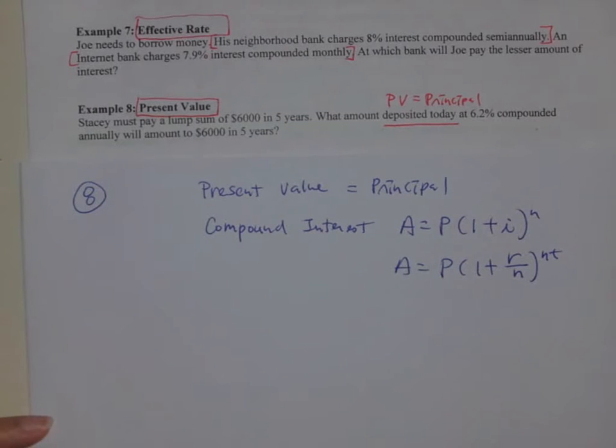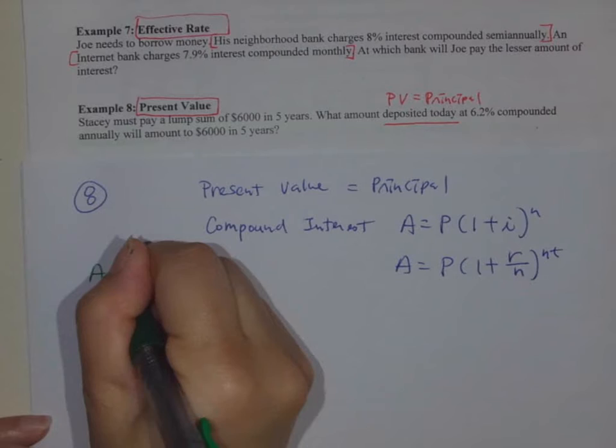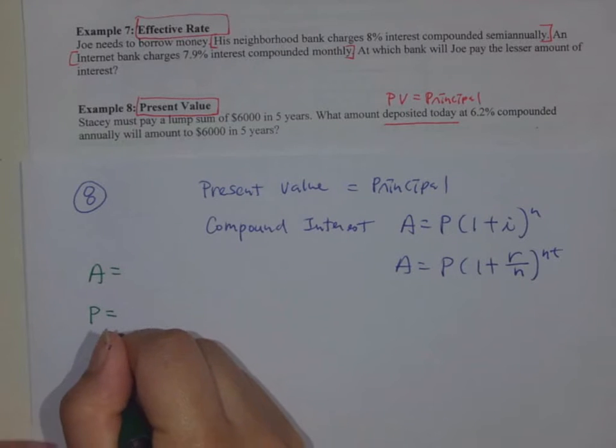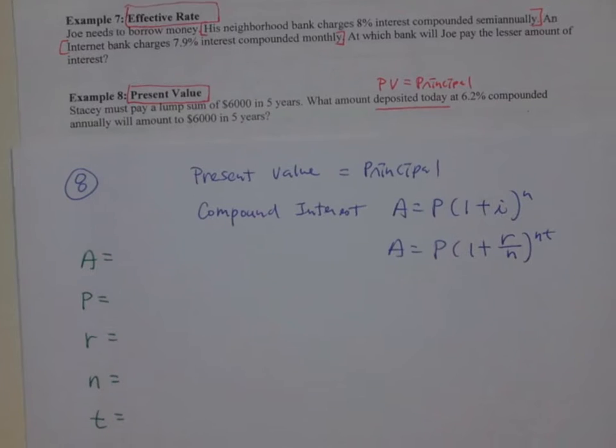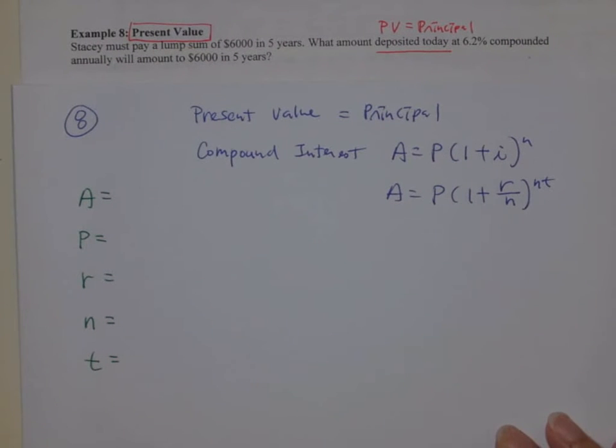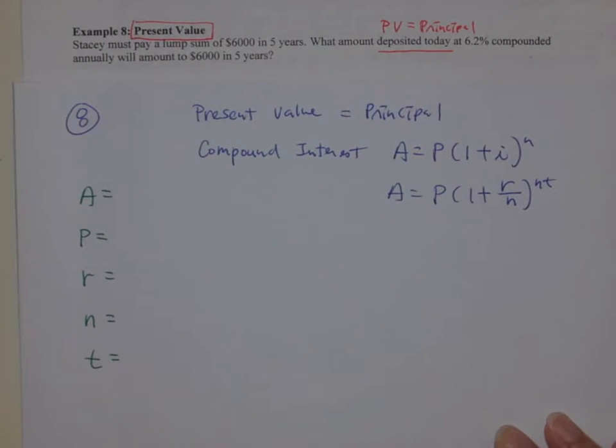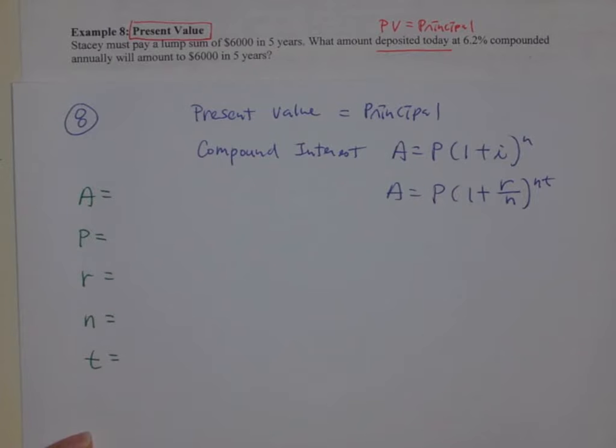It would be helpful if you list each variable here, r, n, and t. So if you want to pause the video and see if you can list them correctly and plug it in correctly, feel free to do it. You can come back and check your answer.